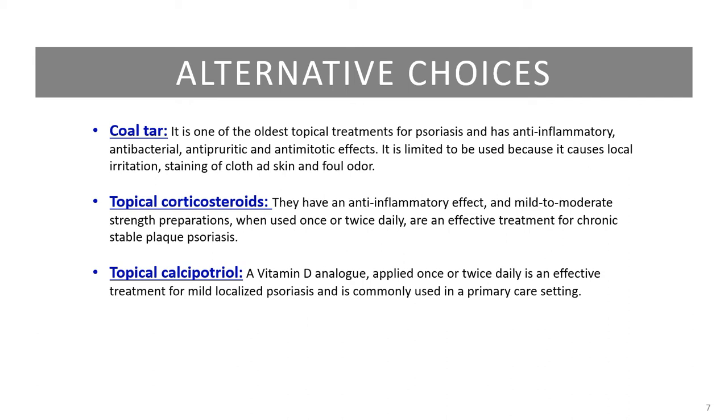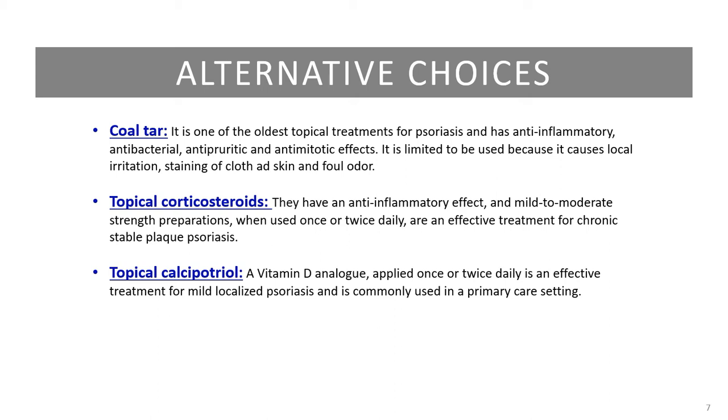There are some systemic medications too, but these are rarely used, or they are generally used when the condition is very severe, and along with the topical medications, systemic medications are also given for psoriasis in severe conditions or in elderly patients.